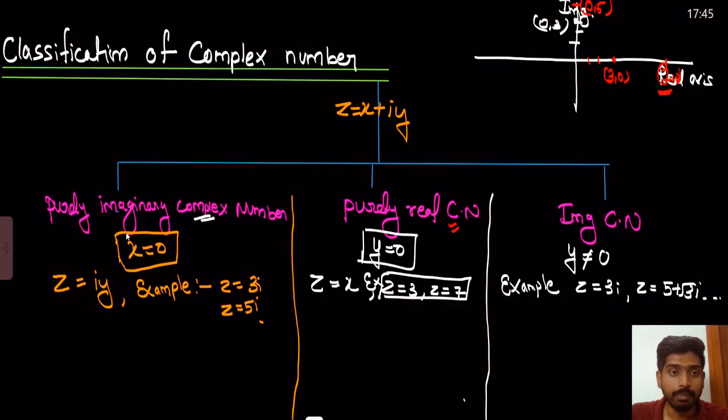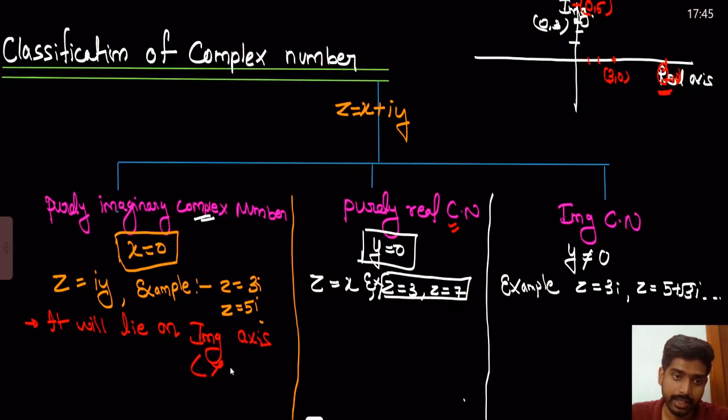So we can write that a purely imaginary complex number will lie on the imaginary axis, or you can say y axis. And a purely real complex number will lie on the real axis or x axis.